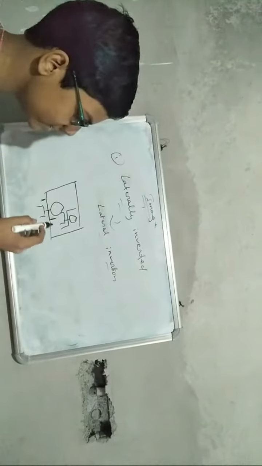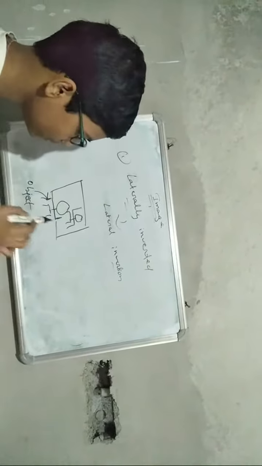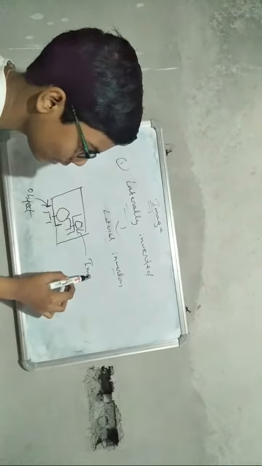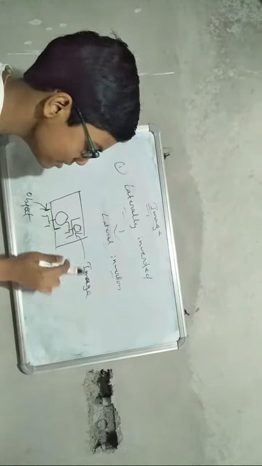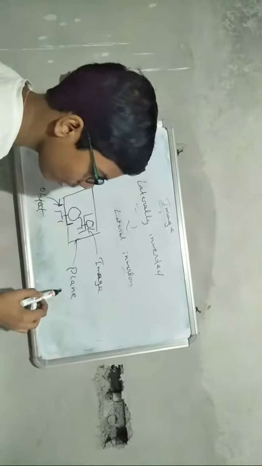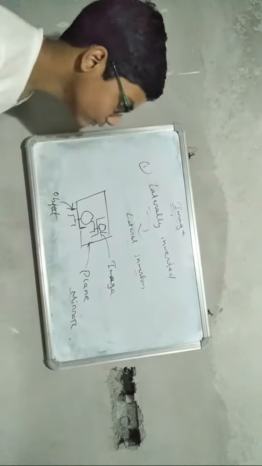This is called lateral inversion. So this is the object, this is the virtual image, and this is the plane mirror. Okay, so this is the first property.